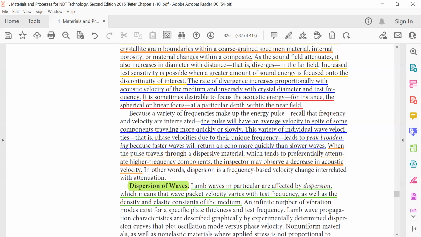When the pulse travels through a dispersive material, which tends to preferentially attenuate higher frequency components, the inspector may observe a decrease in acoustic velocity.